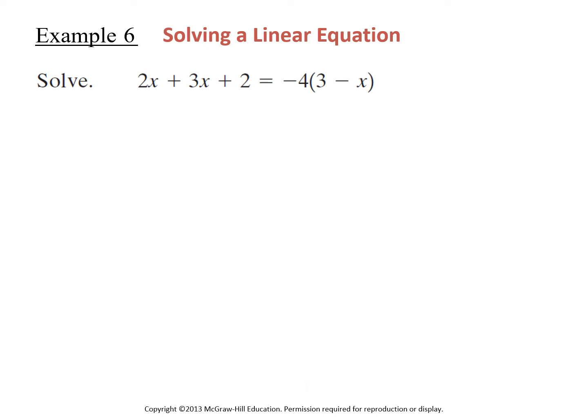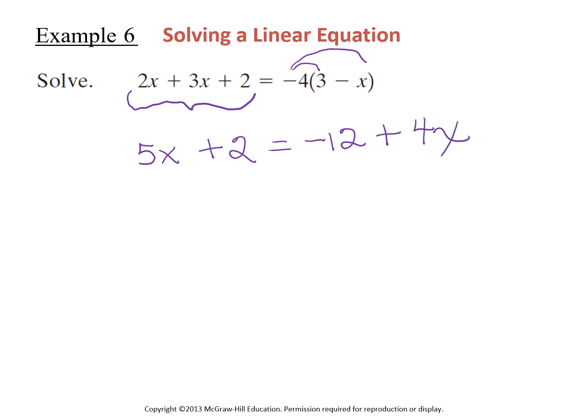In example 6, I have 3 terms on the left side of the equation, and I am going to combine the like terms. So 2x plus 3x is 5x plus 2. And on the right side, I'm distributing, and I have negative 12 plus 4x. So it's going to take 3 steps to solve this equation because I have variable terms on both sides.